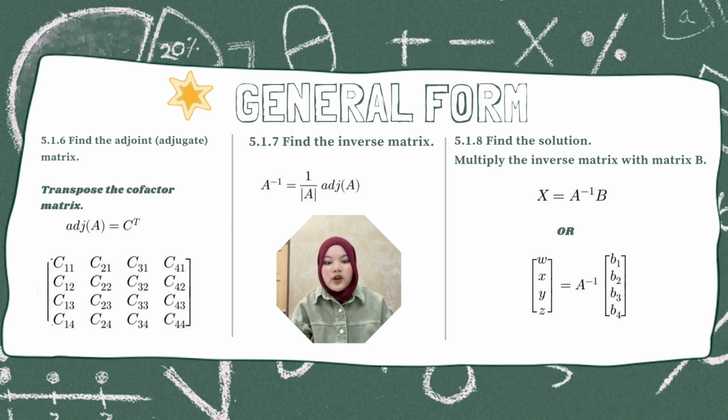Next, the inverse of matrix A is calculated using the formula A inverse equals 1 over the determinant of A multiplied by the adjoint of A. Finally, we multiply A inverse by matrix B to obtain matrix X. The values of W, X, Y, and Z in matrix X represent the final solutions for each ticket category.